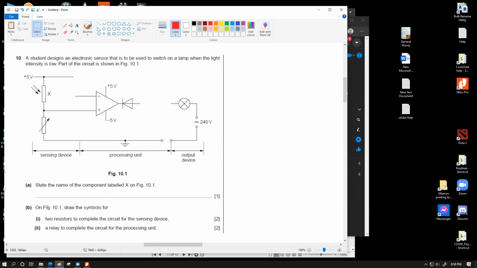On figure 10.1, draw the symbols for two resistors to complete the circuit for the sensing device. Okay. Let's have a look. We want this to be on when the intensity is low. আচ্ছা আমি একটা করে আঁকতে থাকি, ভুললে আবার মুছবো.